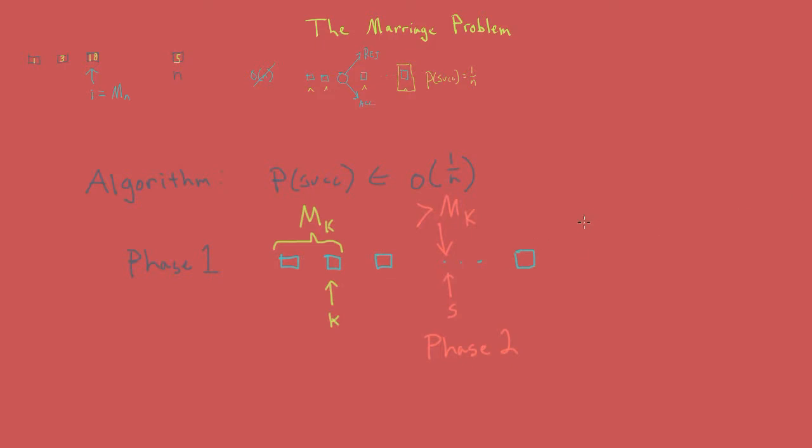And so what we're going to prove is that the probability that s equals I, remember I is the location of m sub n, is strictly greater than 1 over n.